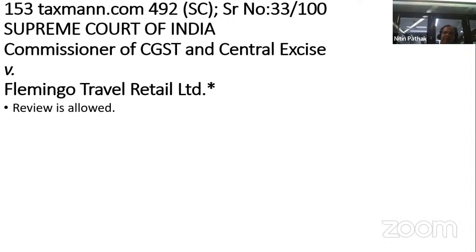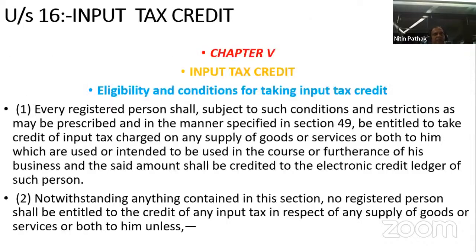Whether a GST refund is eligible or not is the question which was allowed. The matter was taken to the Supreme Court on the ground that at the High Court level, though the judgment was passed, the departmental view was not heard. The GST departmental view was to be heard, and the matter was taken up by the Supreme Court.